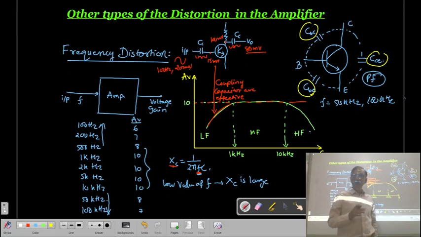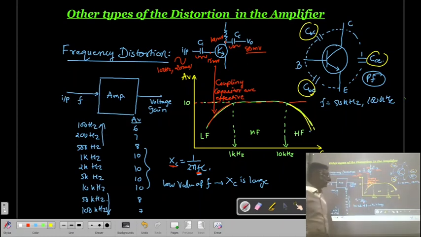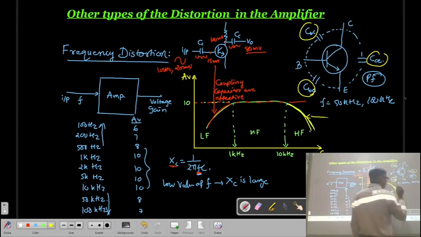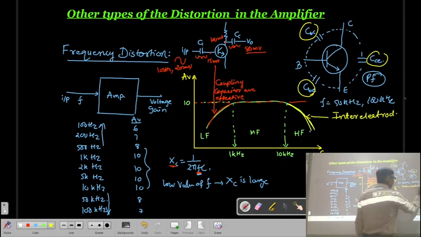So it will work as a kind of short circuit. And due to all these inter-electrode capacitors, the output voltage of the amplifier is going to decrease. So whatever the response we have at a high frequency is due to the inter-electrode capacitors.